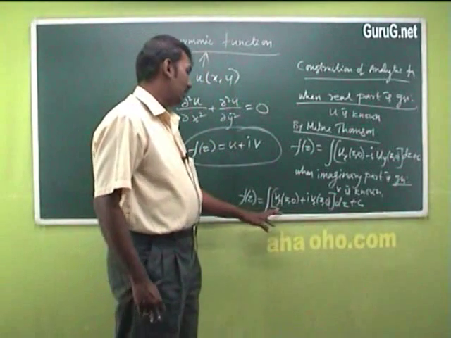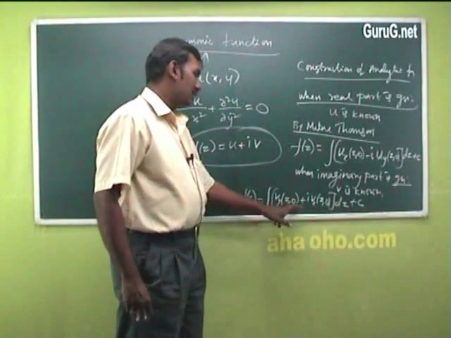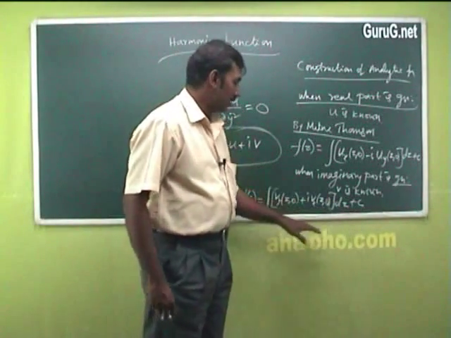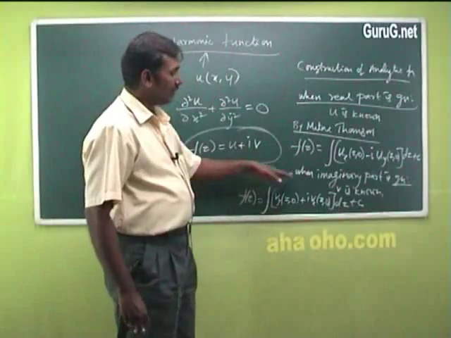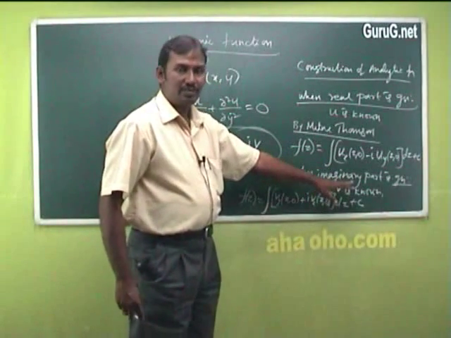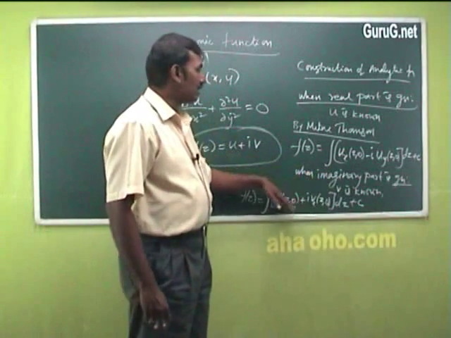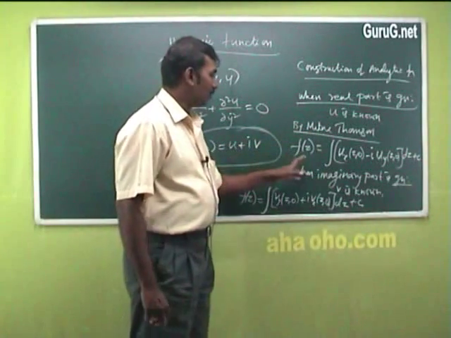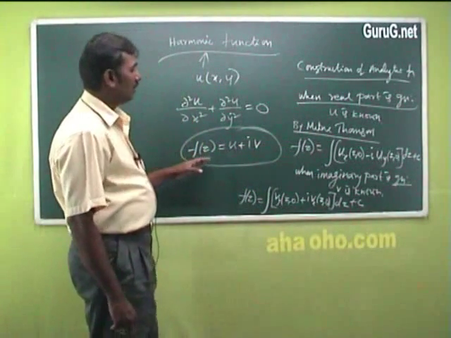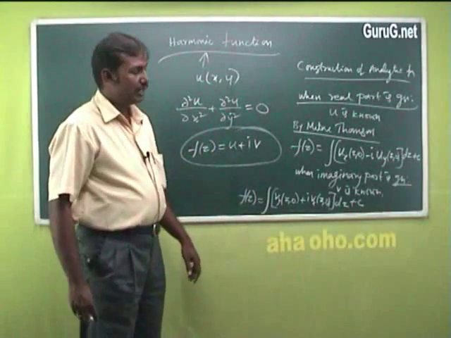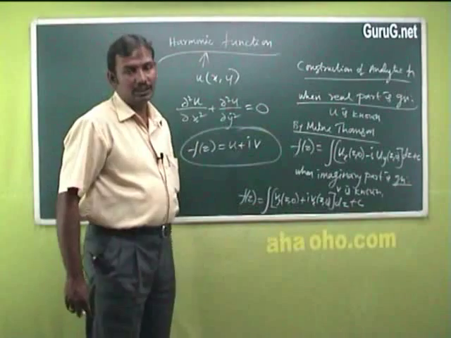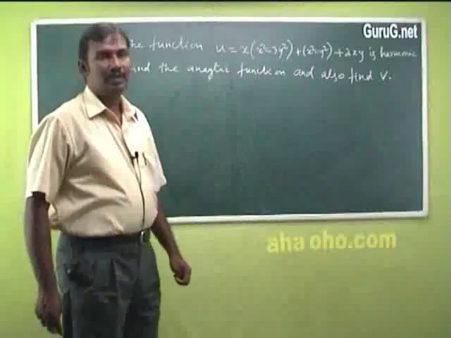So f of z equals the integral of vy of z comma 0 plus i into vx of z comma 0 dz plus c. This is the analytic function whenever the imaginary part v is given, right? Sometimes they may ask to find the harmonic conjugate. After finding the function, you replace z by x plus iy and f of z by u plus iv, and you get the conjugate harmonic functions, right?